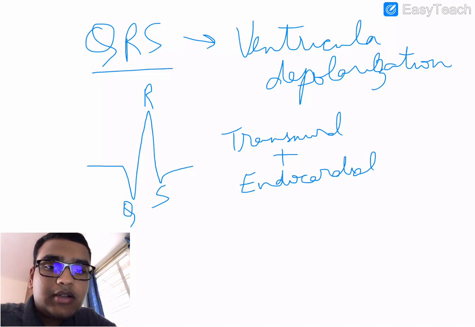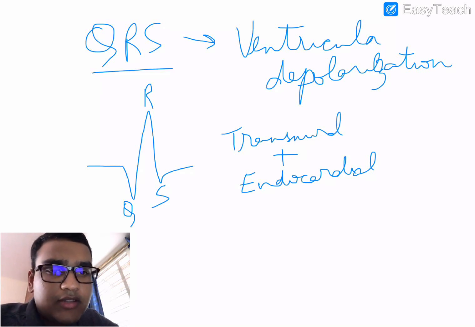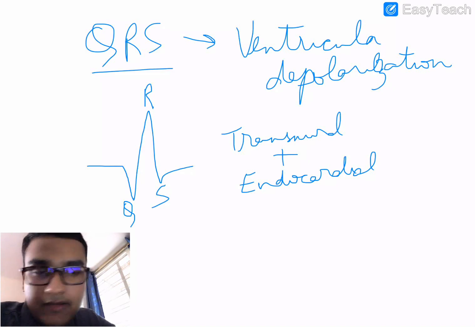The first positive wave is known as the R wave. The first negative wave after a positive wave is S. And whenever it's a tall wave, it's usually given a capital letter, and if it's a small wave, it's given a lowercase letter.